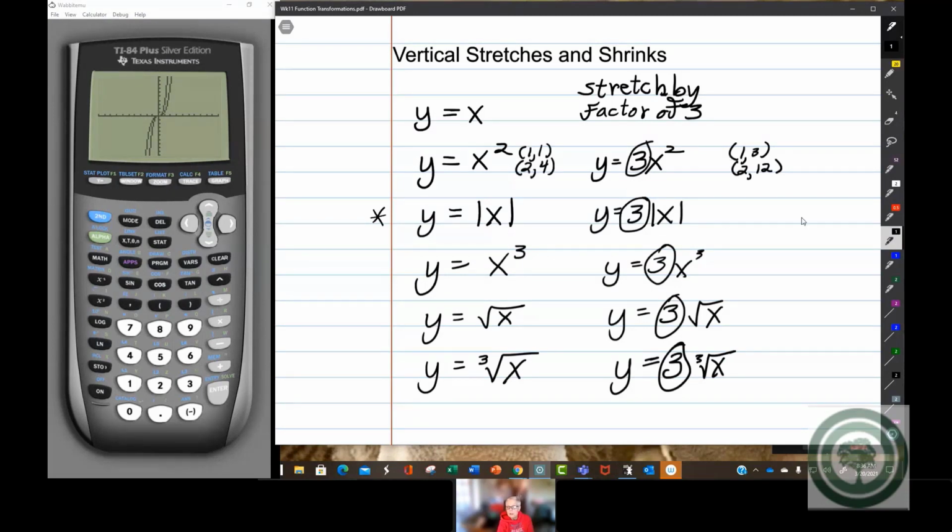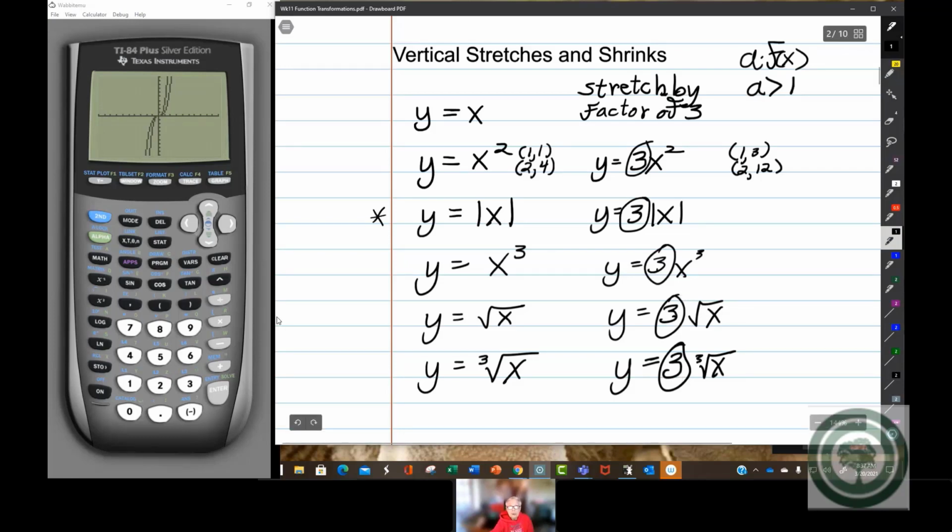So if we wanted to write it as some kind of formula, we would have a times f of x, if a is strictly greater than 1. If a is 1, then there is no vertical stretch. It's just the regular function. But this number is greater than 1. You could put 5 million. That'd be terrible, but you could.